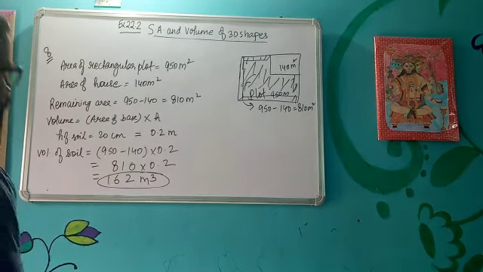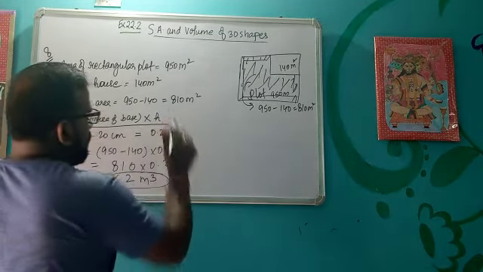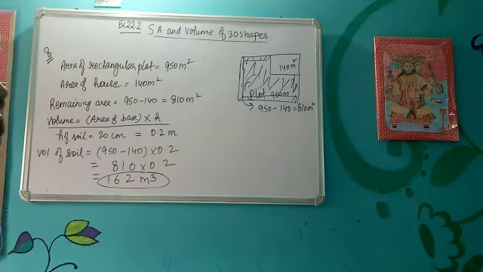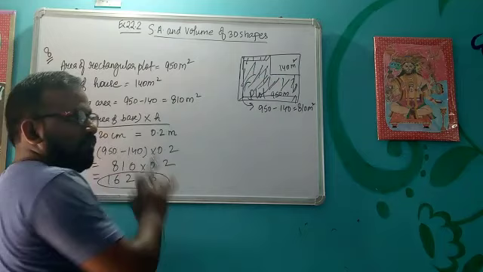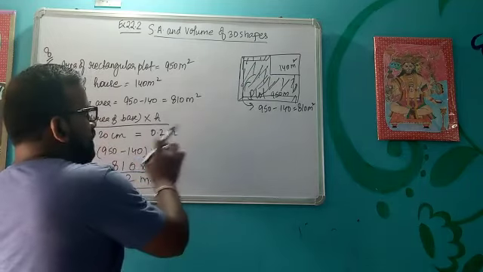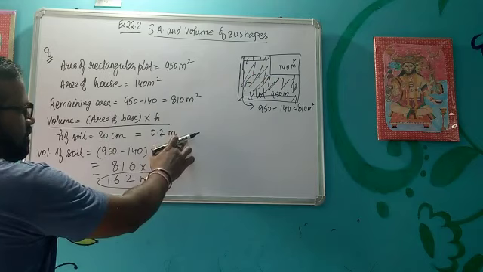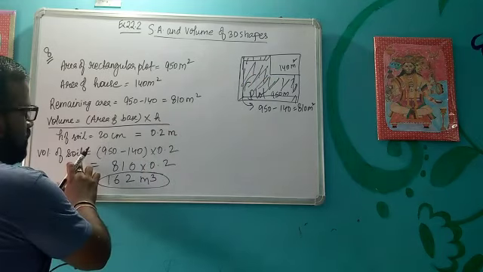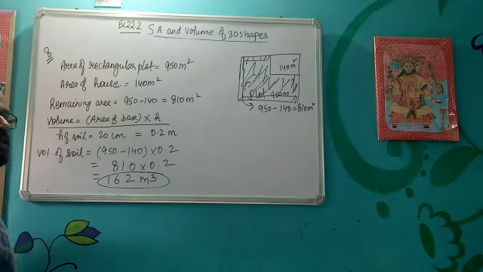So in this, what concept have I used? I have used the concept that volume is base area into height. We have calculated this shaded area, the area of base, and the height of the soil is given as 20 centimeter. So I have converted it into the meter. Then for calculating the volume of the soil, I have used it, and you got 162 meter cube.